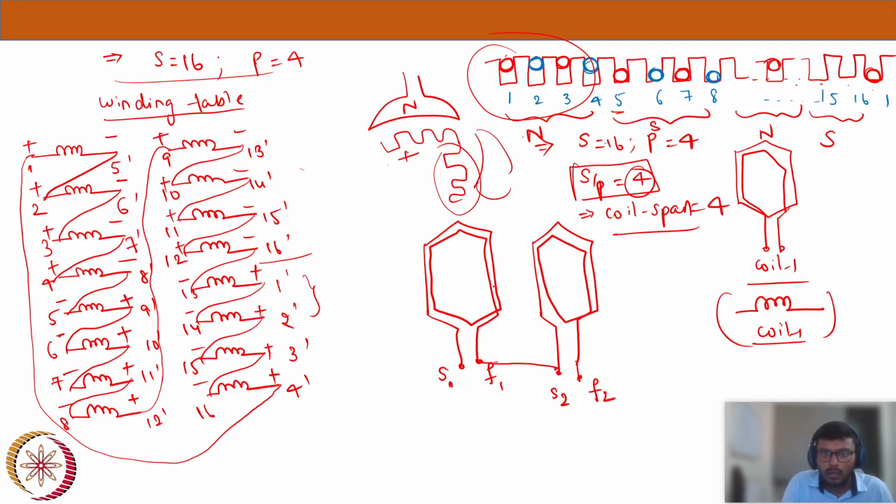So this is how my series connection will look like, and from here all the 16 coils will come. So this type of connection we call a lap winding. Why is it lap winding? Because I just showed you separately side by side, but in turn how it will be like now. Let me take another coil, another color.